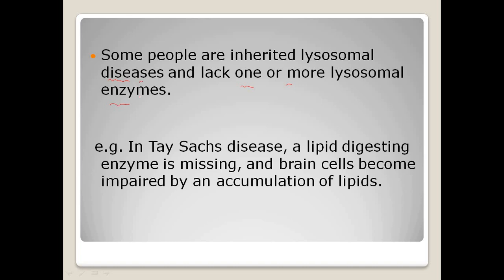We came to know that the digestive enzymes in the lysosome are of different kinds, such as hydrolases, lipases, proteases and so on. If a person lacks one or more lysosomal enzymes, it leads to a disease, for example Tay-Sachs disease, where a lipid-digesting enzyme is missing and brain cells become impaired by accumulation of lipids.